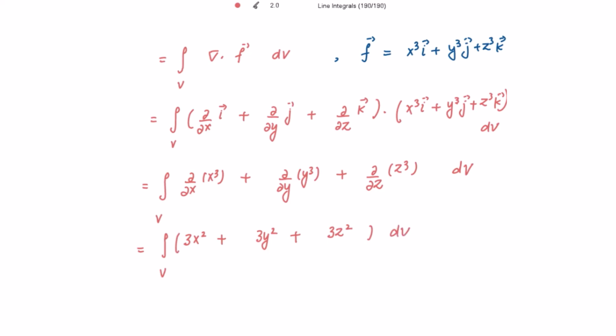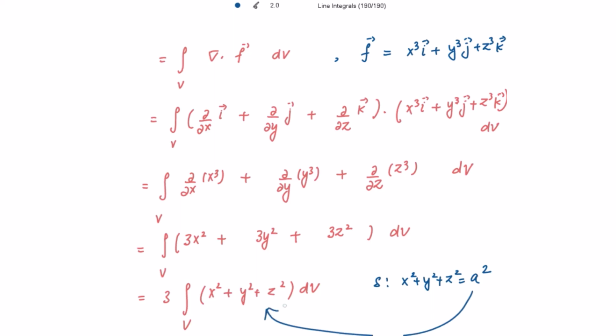Taking this 3 outside, we get 3 times the volume integral of x square plus y square plus z square dv. And because the surface given to us is x square plus y square plus z square equal to a square, I am writing a square for this. So this is further equal to 3 times the volume integral of a square dv. Taking this a square outside, we get 3a square the volume integral dv.